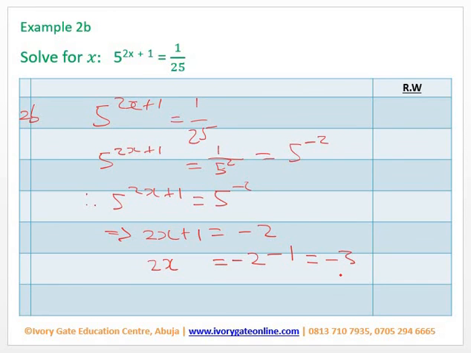Minus 3. You add, but you remember to put minus before your answer. So we now have x, dividing through by 2, x by 2. We have x is equal to what? Minus 3 over 2. Or minus 1 whole number 1 over 2. That's our answer.